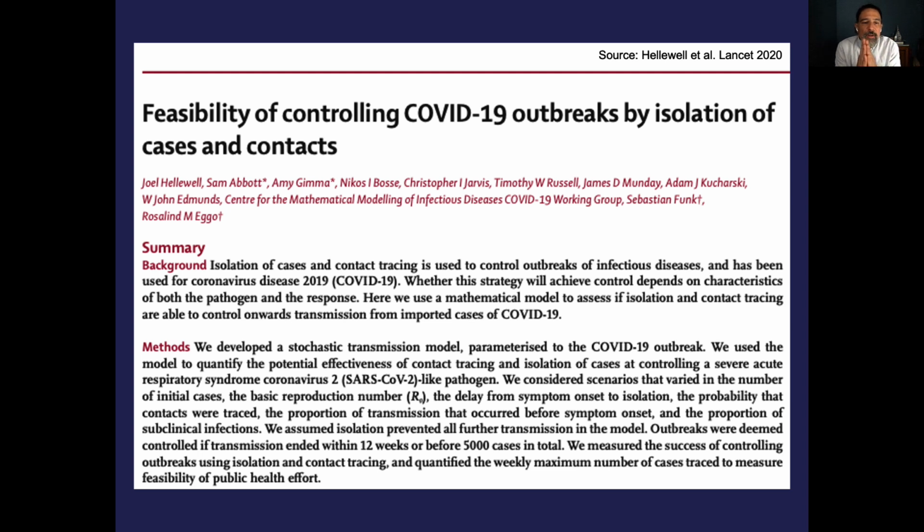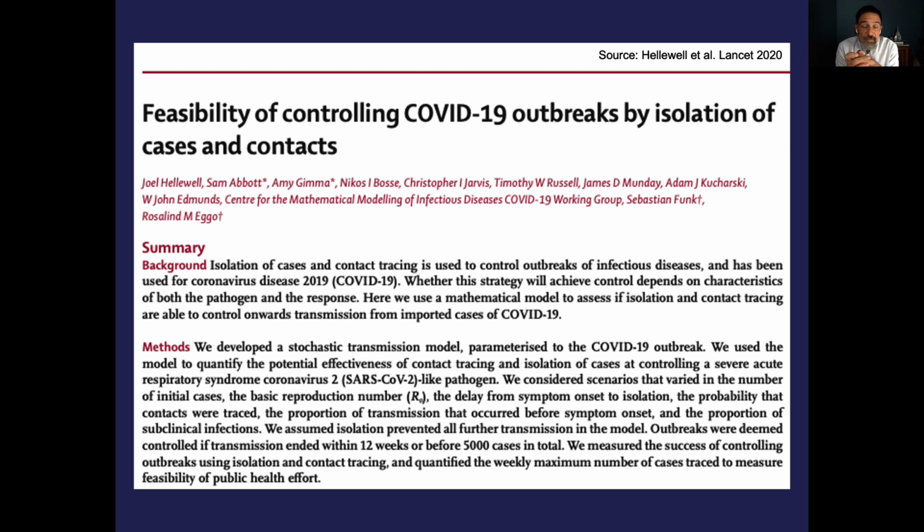So they were looking to see how the likelihood of controlling outbreaks varied based on the number of initial cases introduced into the population, based on low, medium, and high estimates of the basic reproductive number for SARS-CoV-2, based on how long it takes between symptom onset and isolation, and the probability that contacts were traced.